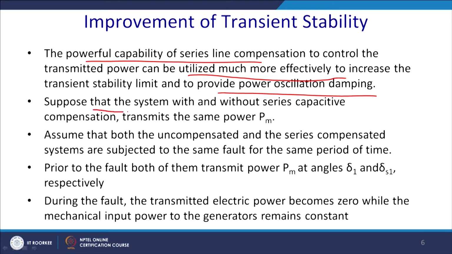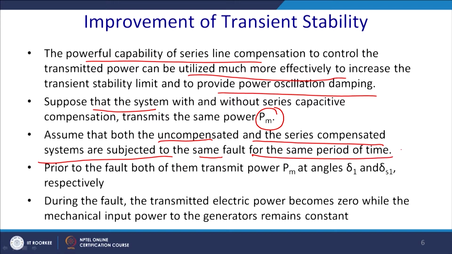Suppose that the system without the series capacitive compensation transmits the real power Pm, and let us also assume that both the uncompensated and the series compensated systems are subjected to the same fault for the same period of time.